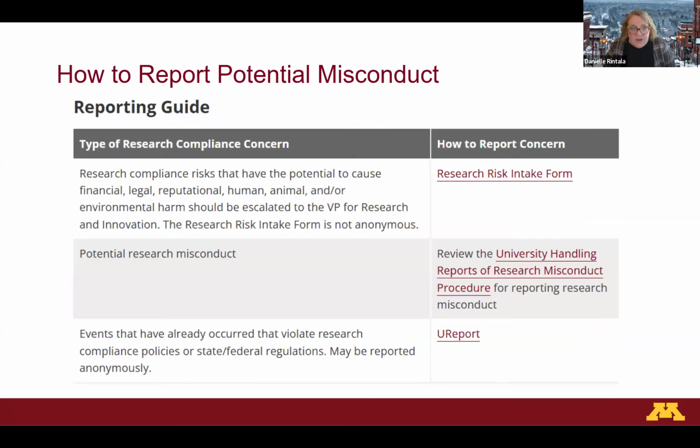But we do have the report form, as I said. And then we also have a procedure that you can kind of take a look at, which is now all one procedure. So that handling, this is a website update we need to actually make now that I'm looking at it. The university handling reports of research misconduct procedure is now part of that research misconduct procedure. And that will give you a better detail of research misconduct reporting.